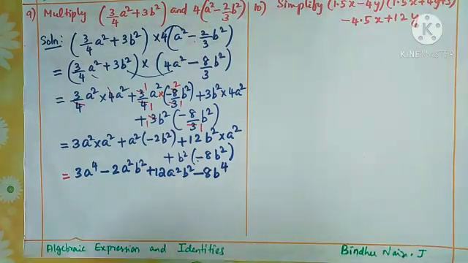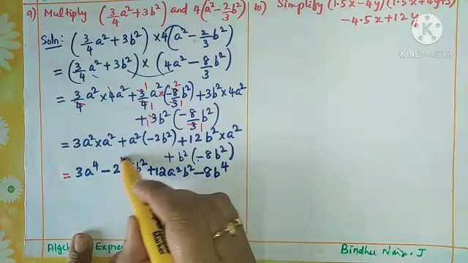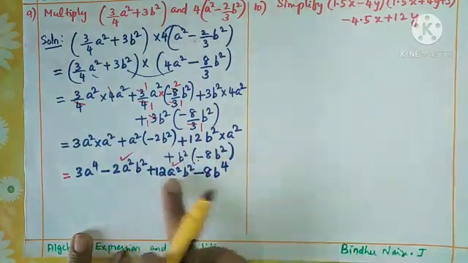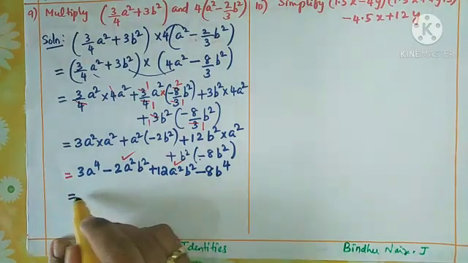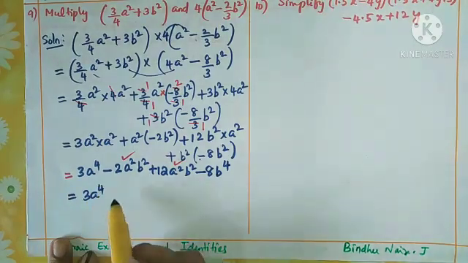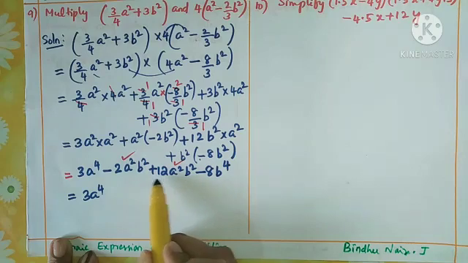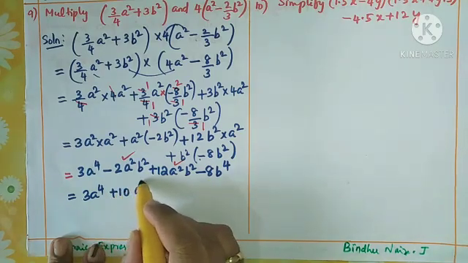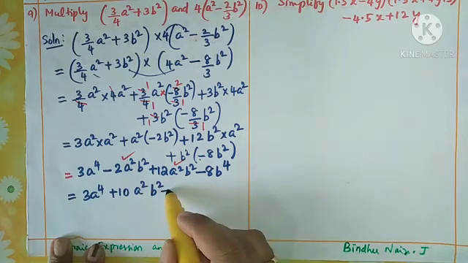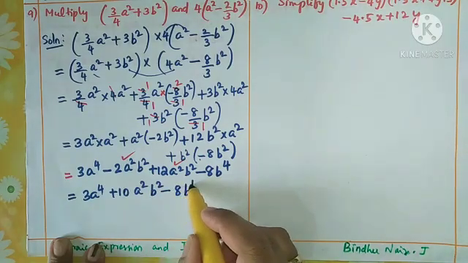Now you see this minus 2A square B square, they are like terms. So we can combine. So that is equal to 3A raised to 4 minus 2 and plus 12 becomes plus 10. So plus 10 A square B square, last minus 8B raised to 4.